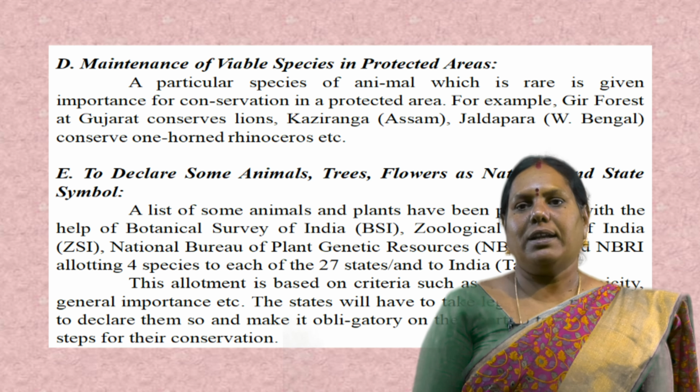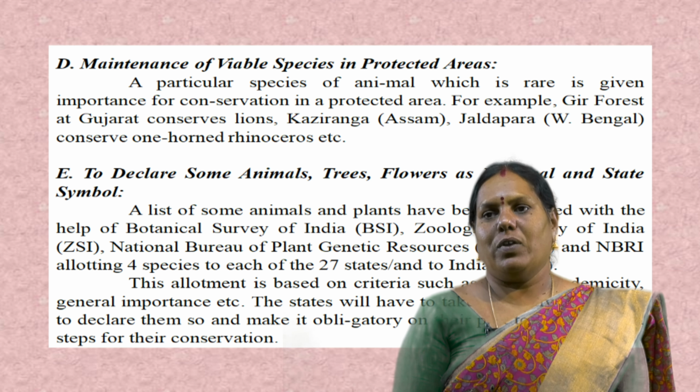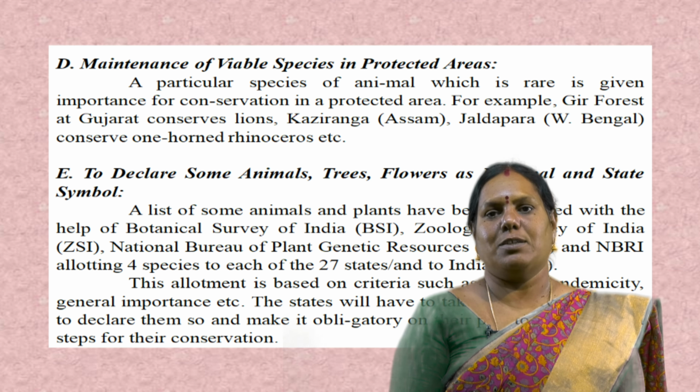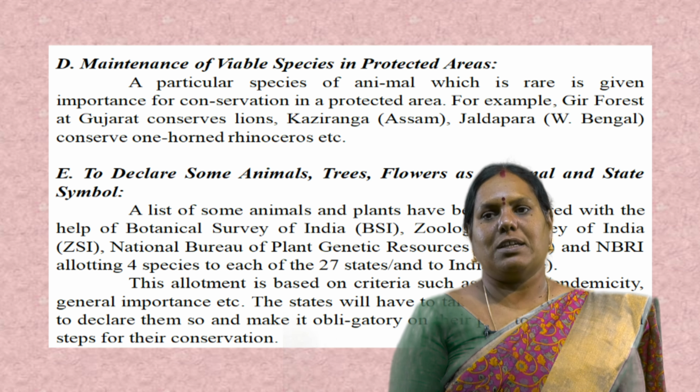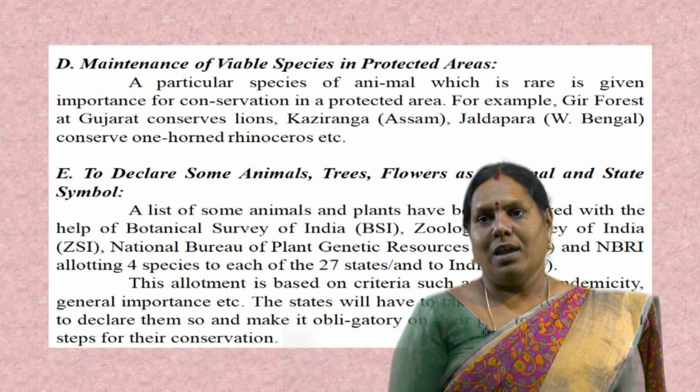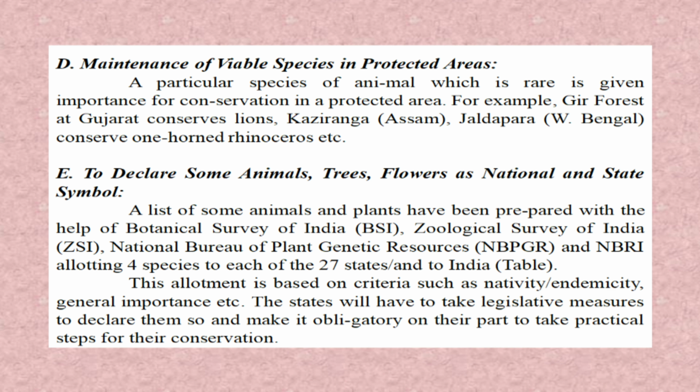Then, how to declare some animals, trees and flowers as national and state symbols. A list of animals and plants has been prepared with the help of the Botanical Survey of India, BSI, the Zoological Survey of India, ZSI, the National Bureau of Plant Genetic Resources and NBRI, allotting 4 species to each of these 27 states and to India.